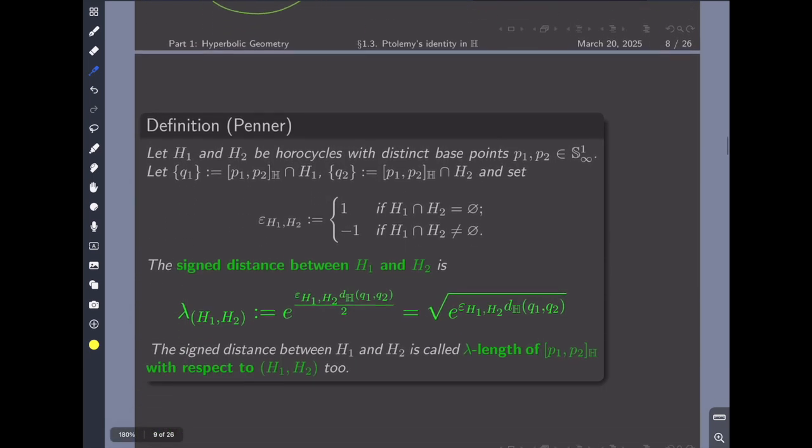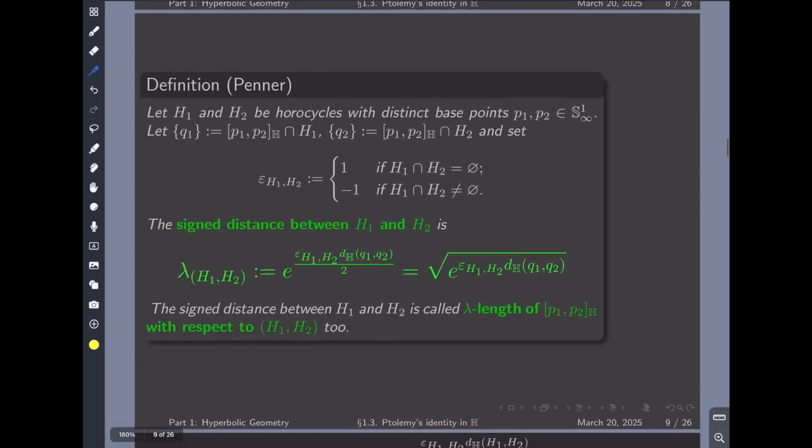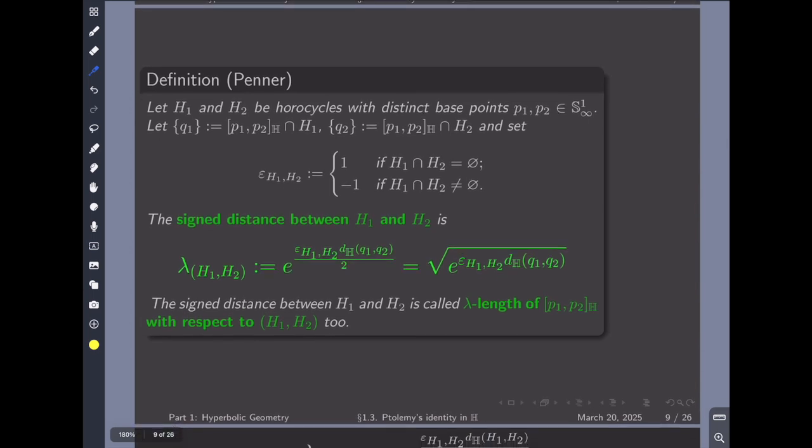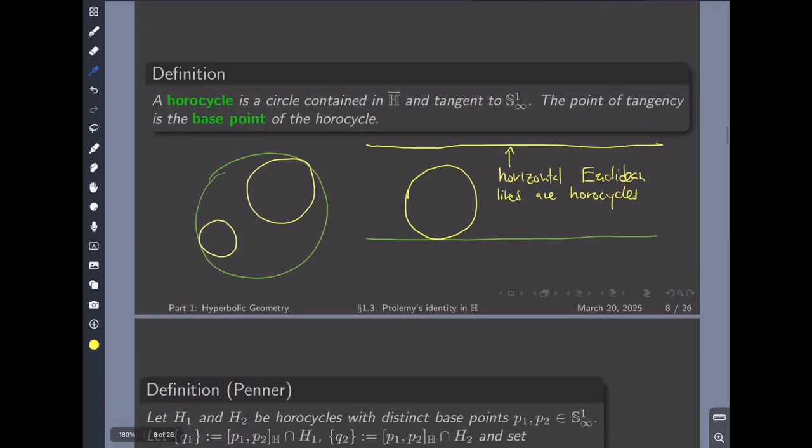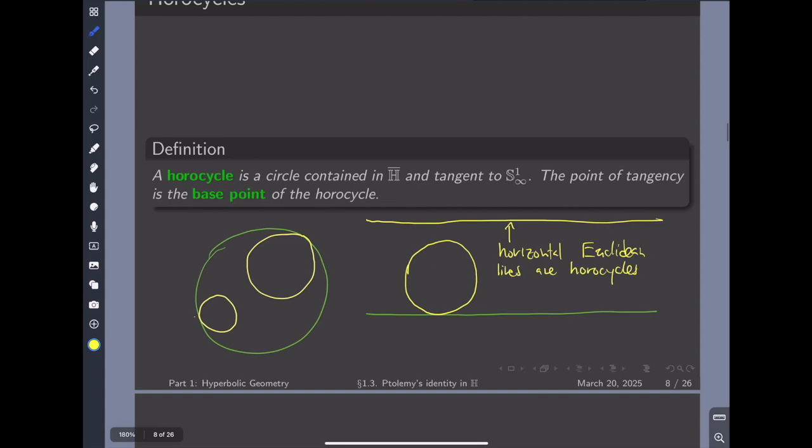Okay, now definition. So now take two horocycles. The tangency point of a horocycle is called the base point of the horocycle. So here this would be the base point of this one, base point of this one, etc. and the base point of this one would be infinity.